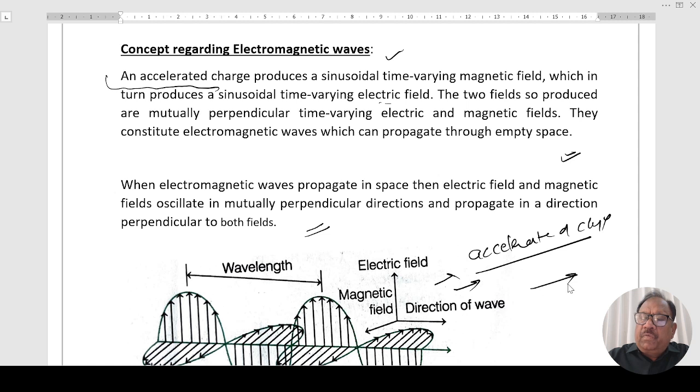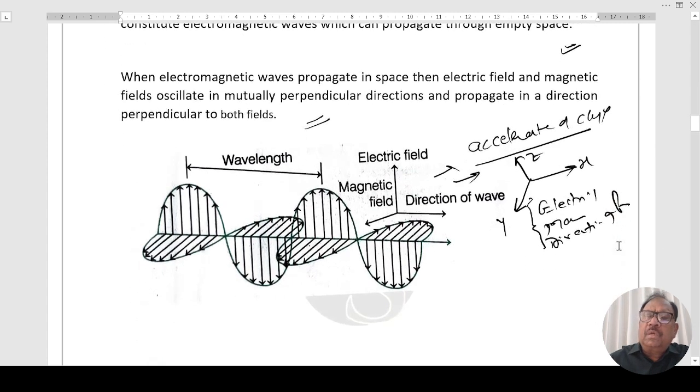Direction of electric field vector, magnetic field vector and direction of propagation. Electric field, magnetic field, x, y, z and direction of propagation. All are mutually perpendicular to each other.